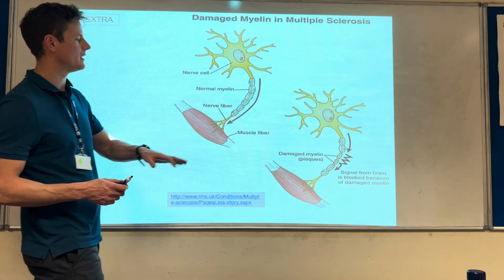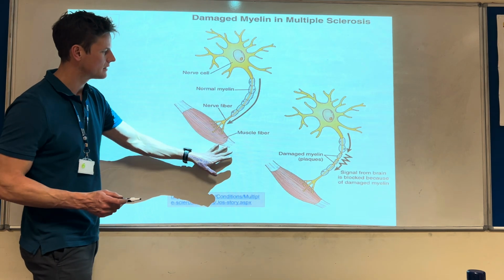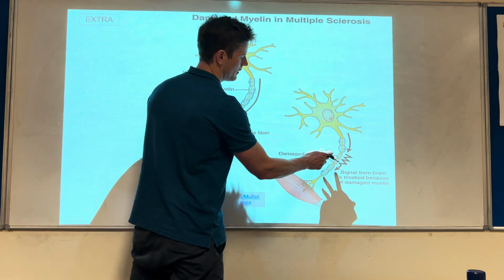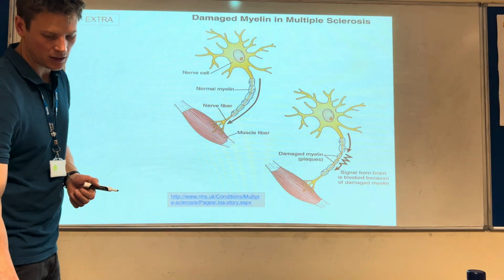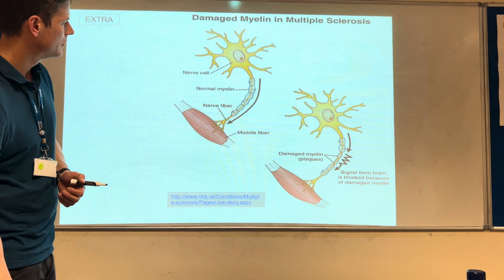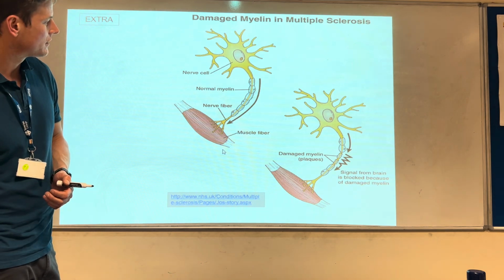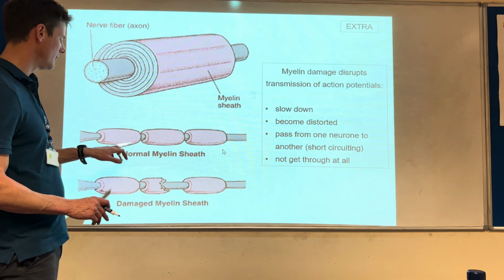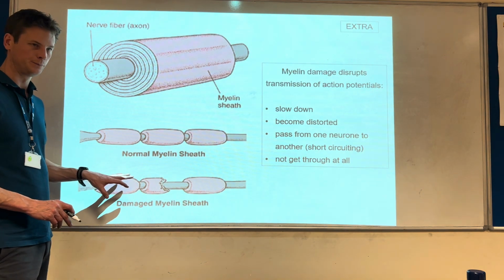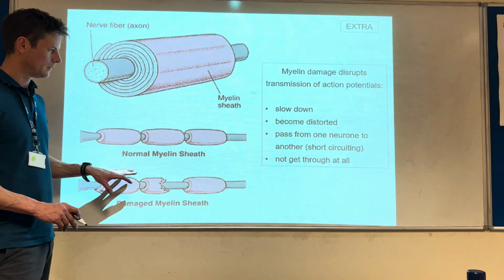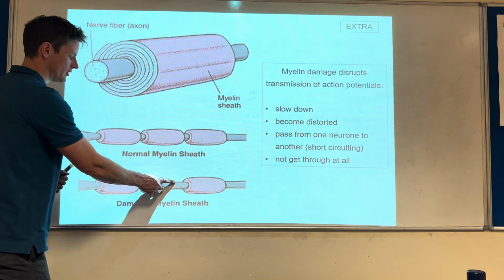There is also a bit of an issue with multiple sclerosis, with the jumping of impulses from one axon to a parallel one. Okay, so we can get leakage.